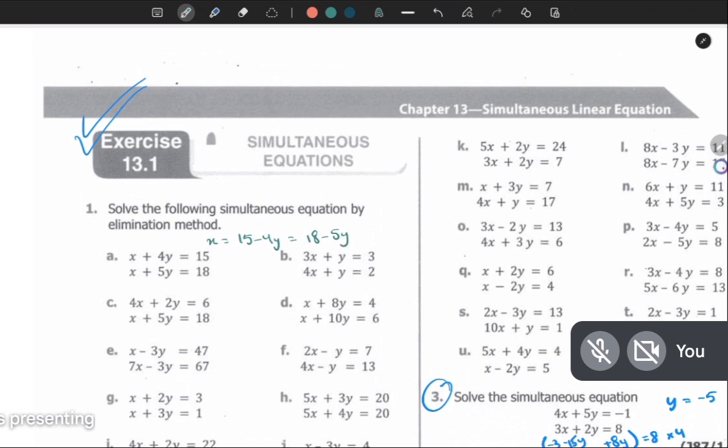Makes sense, right? Now we remove the x. Now what we can do is rearrange this in order to find y.